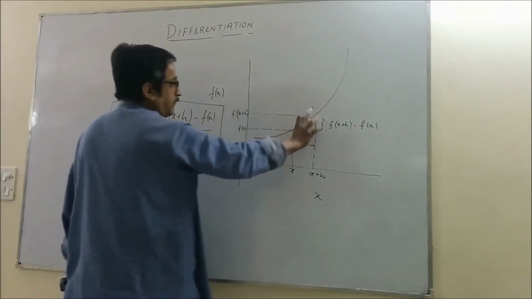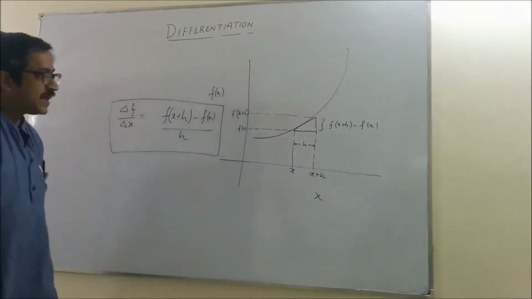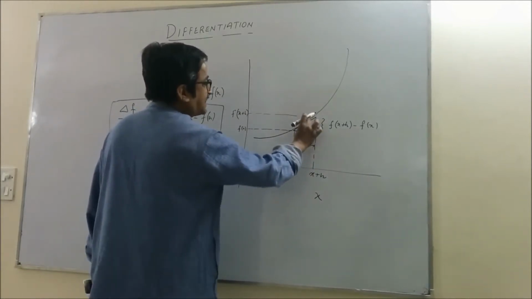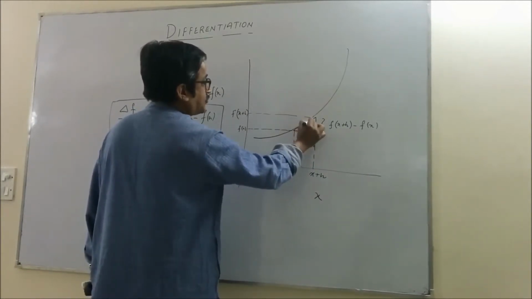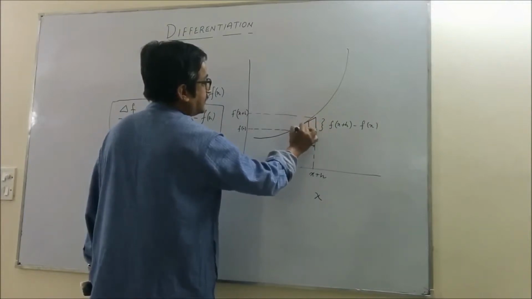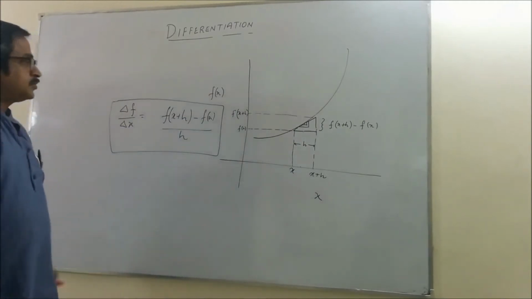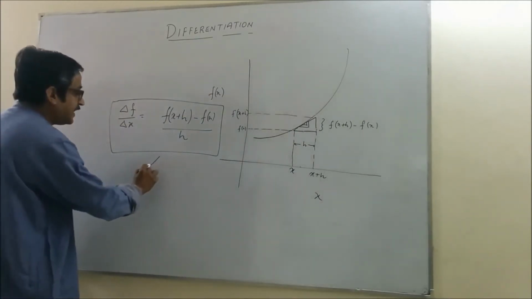But these are all finite distances. Now, as I said, I would like to shrink this. I want exactly at this point. So I would like to shrink this further and further, smaller and smaller and smaller. So what's the mathematical way of writing that?